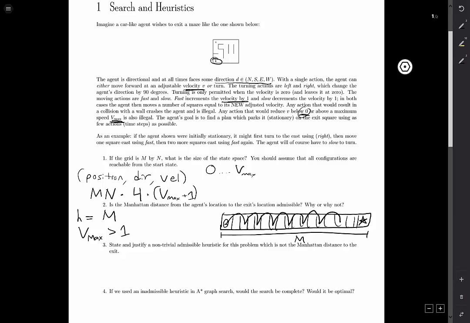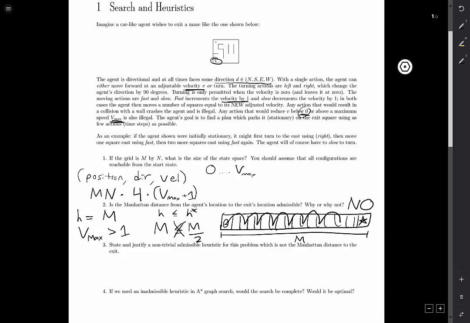Therefore, your heuristic h has to satisfy being less than the optimal. Is it less than m over, let's say, moves Vmax equals 2? And the answer is no. Therefore, this is not admissible.